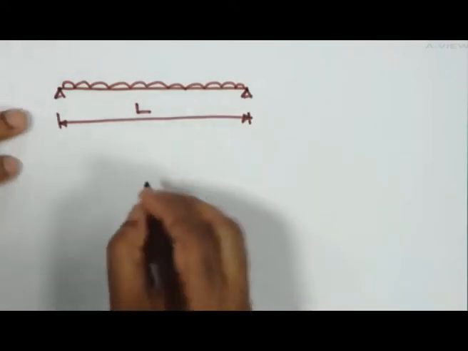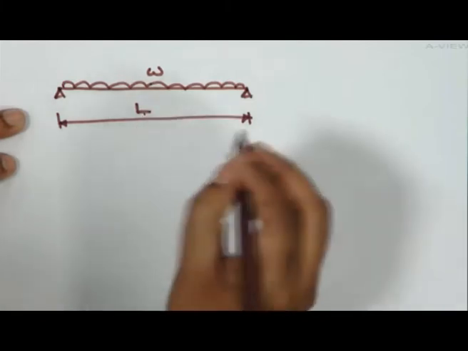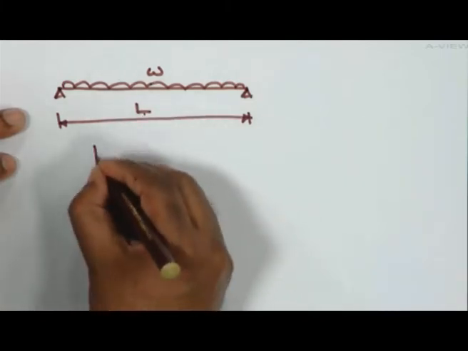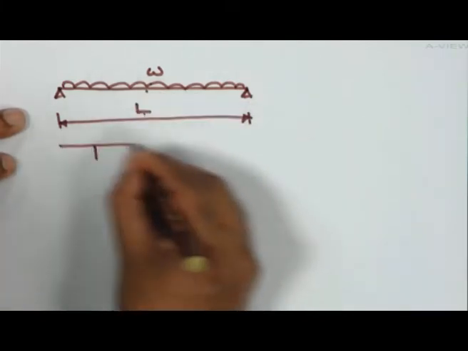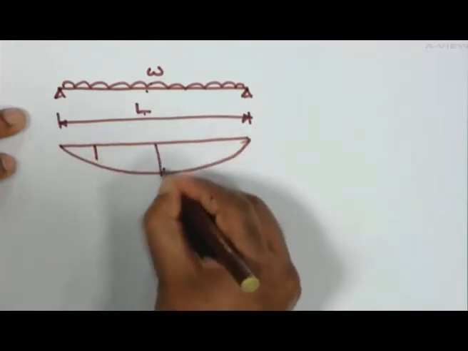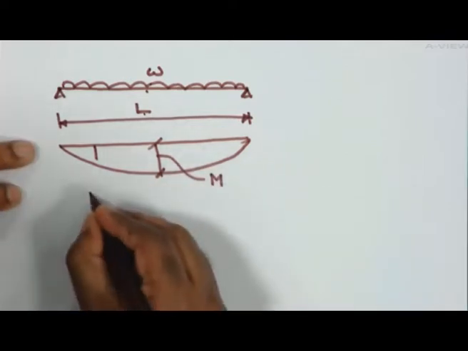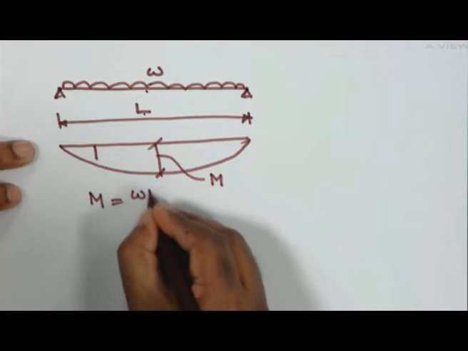So then this is W and this is L. So M here, this is M, and this M will be equal to WL square by 8.